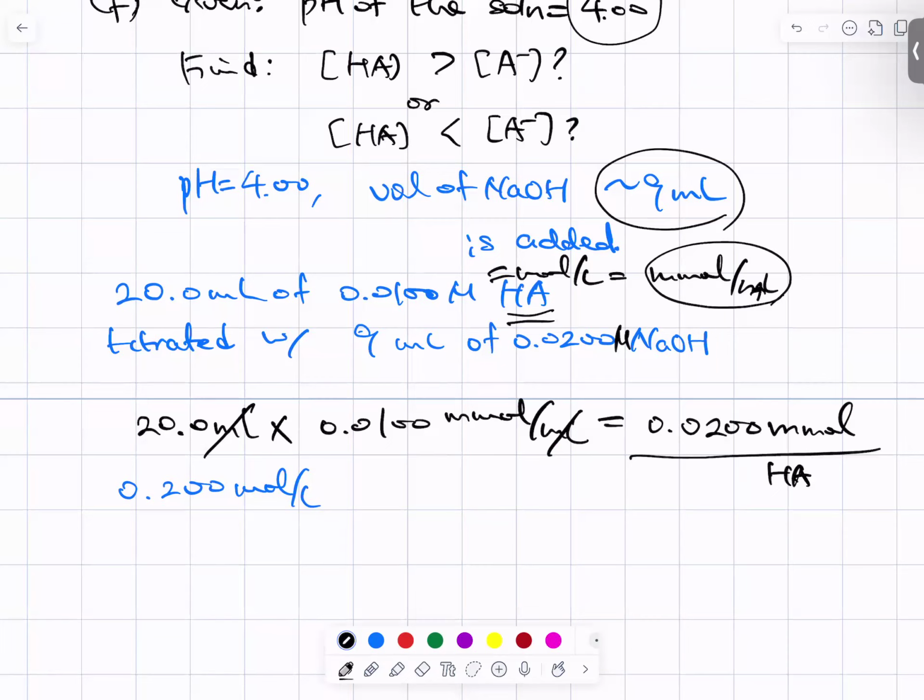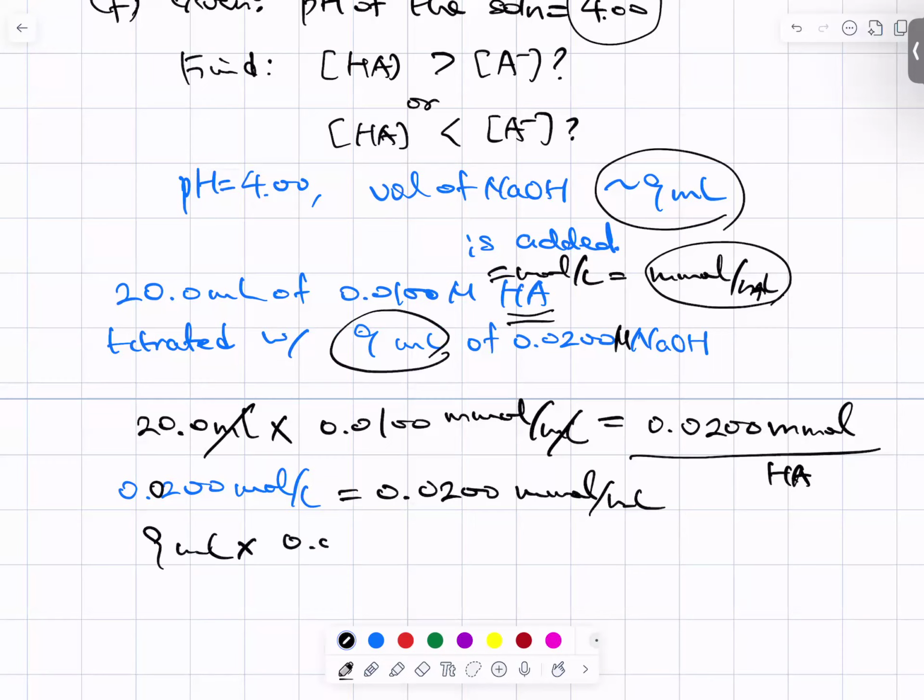Now the sodium hydroxide concentration, 0.02 molarity, correct? 0.02. Let me see. 0.02 molarity, which is 0.02 millimoles per milliliter. Okay, so then let's multiply 9 mL times 0.02 millimoles of sodium hydroxide per milliliter.